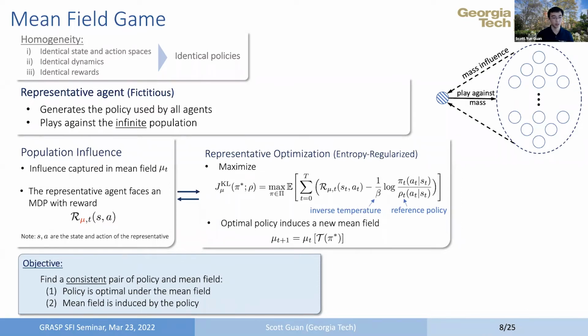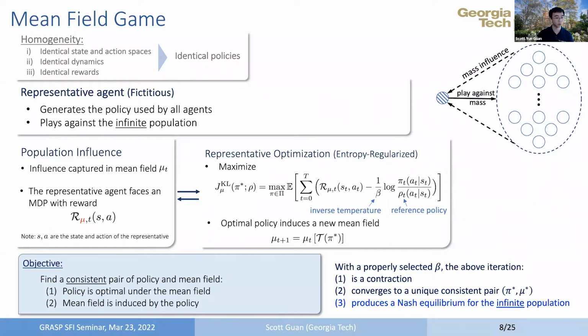So with the entropy regularization, we were able to prove that with a properly selected beta, the above iteration, which finds the optimal policy, induces the mean field, gets a new reward, and then optimizes again, is indeed a contraction, and it will converge to a unique consistent pair. And we can show that this will produce a Nash equilibrium for the infinite population.